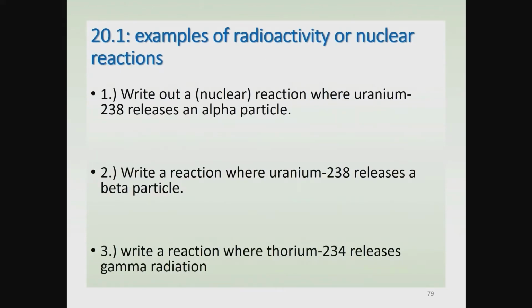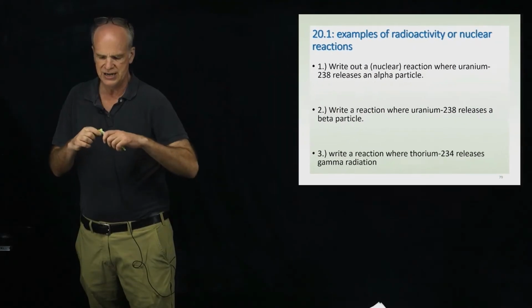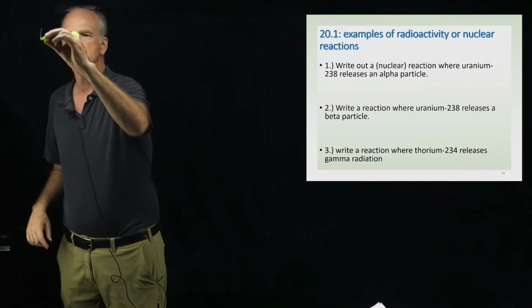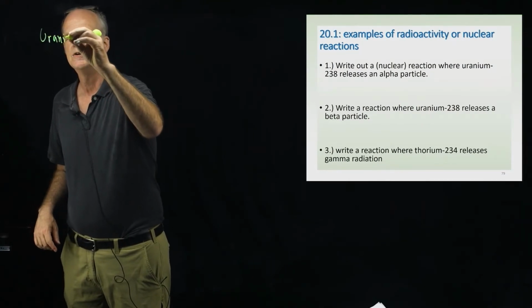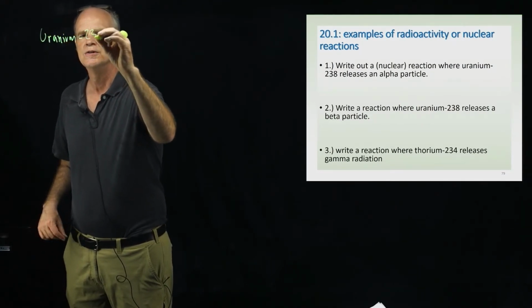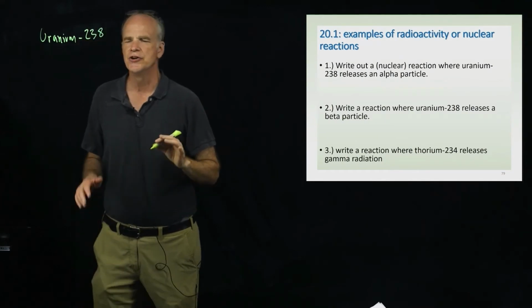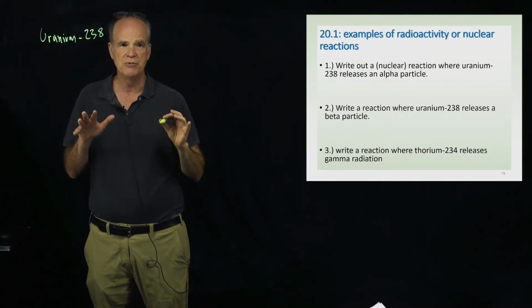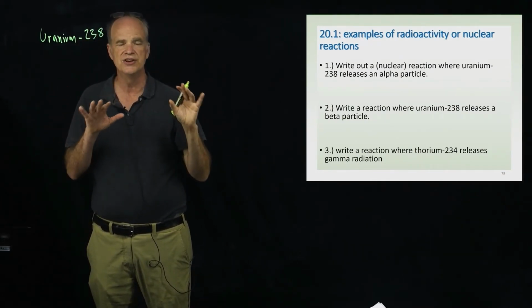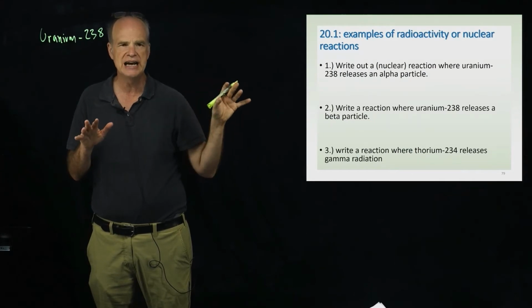Okay, so problem number 1: write out a nuclear reaction where uranium-238 releases an alpha particle. So let's walk through that and how you would do that. Okay, so we have uranium-238. We're going to write out an equation where the uranium-238 is spitting out an alpha particle.